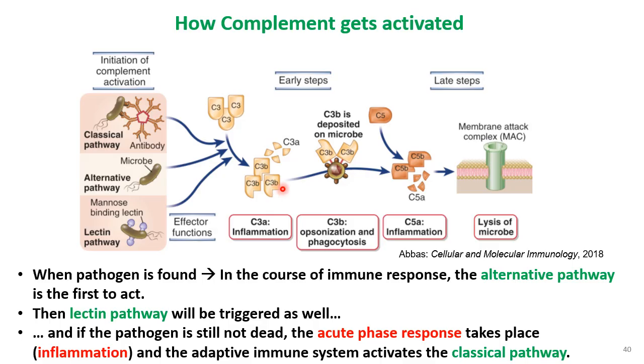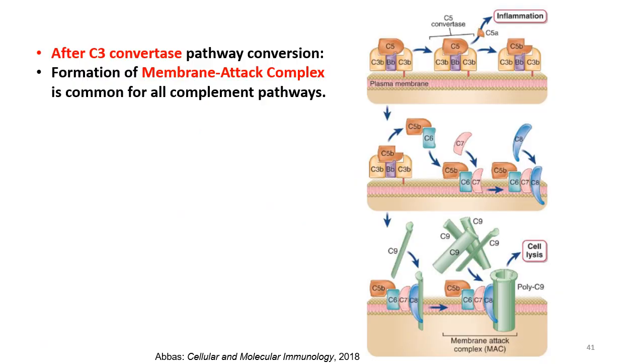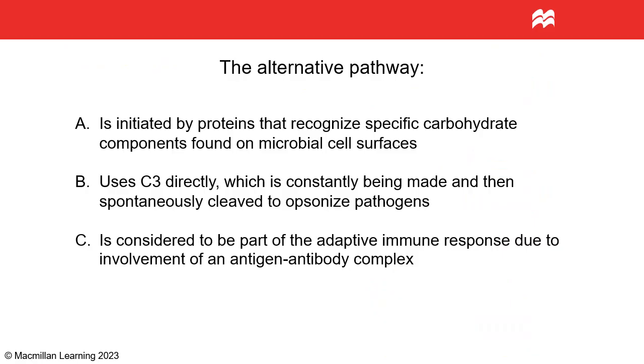C3b is going to cause opsonization, and down the line you're going to activate the other C molecules, and you're going to cause increased inflammation, just like C3a causes inflammation. Ultimately, you punch holes in the membrane and you make the pathogen die, bleed to death. This is the idea of the hole in the membrane that gets recruited by other complement proteins, and this hole in the membrane is called your membrane attack complex.